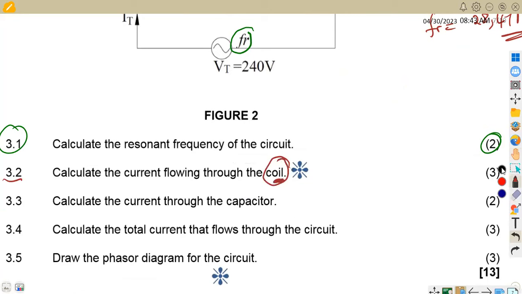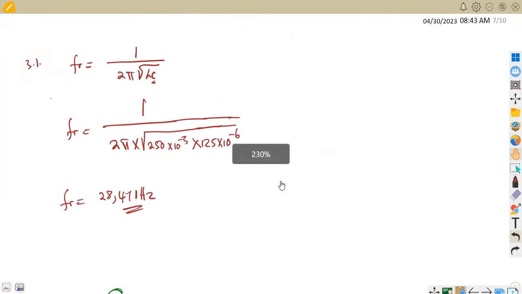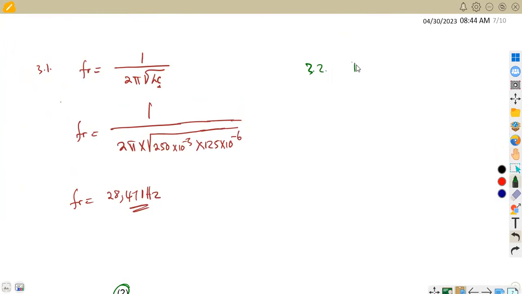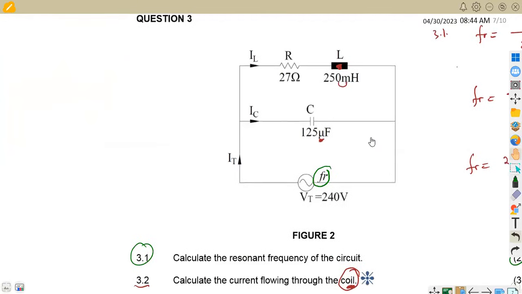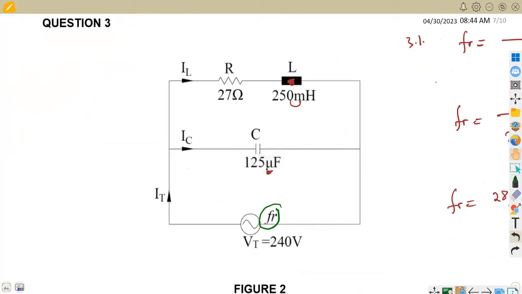The current that flows through the inductor is the voltage, which is in parallel, divided by the inductive reactance, XL. In the circuit we have the supply, the total voltage of 240 volts. It's a parallel circuit, so the voltage is the same: 240 volts here and 240 volts here.